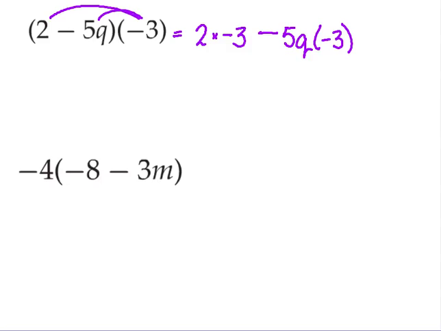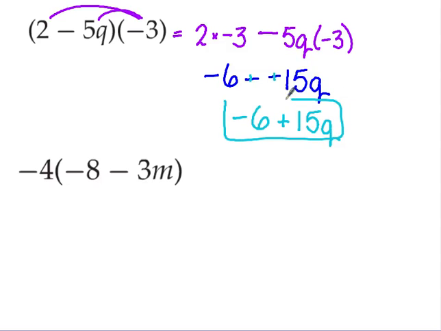So what is 2 times negative 3? Negative 6. Minus, what's 5q times negative 3? Negative 15q. What do you know about those two negative signs? Those two negatives actually cancel and make a positive, so your answer is actually negative 6 plus 15q.